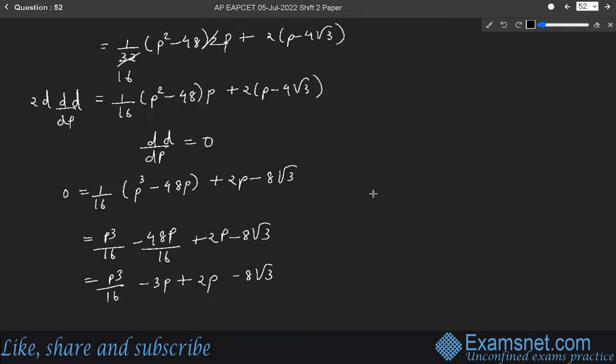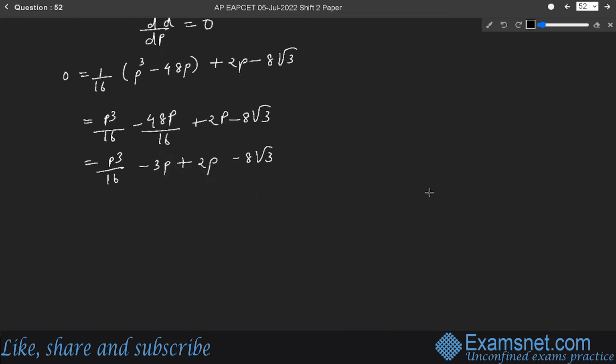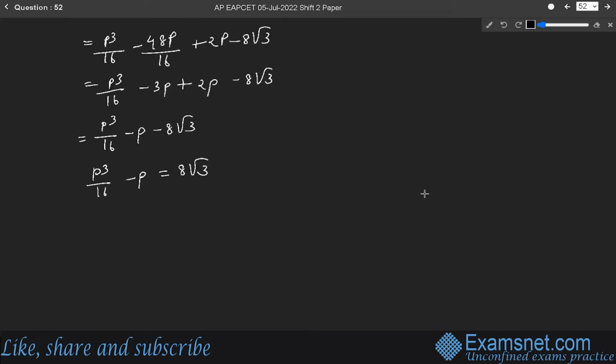Now we have to calculate the value for p here. So on further solving, this will be p³/16 − p − 8√3. So it will be p³/16 − p = 8√3.